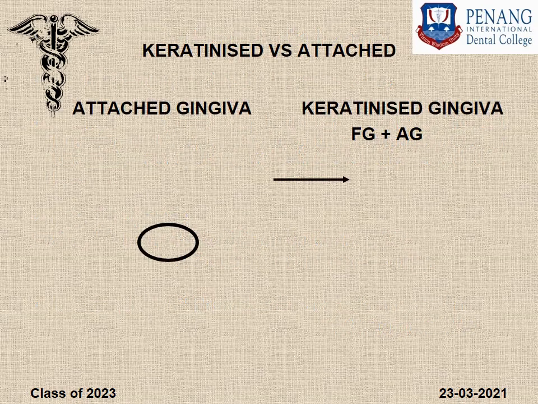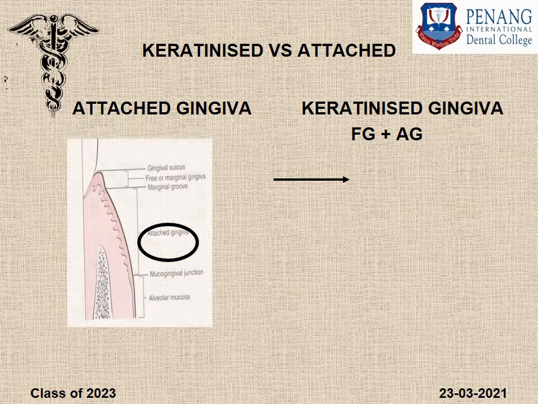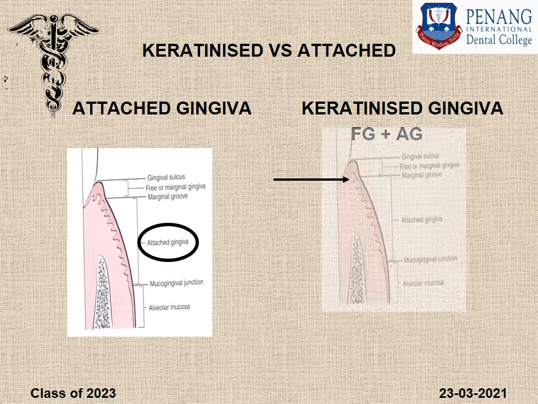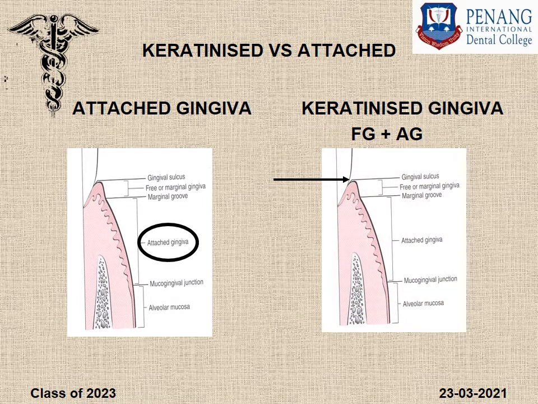Now, coming on to keratinized versus attached gingiva. There is always a confusion that keratinized gingiva is the same as attached gingiva, but that is not so. The attached gingiva is the area from the free gingival groove to the mucogingival junction.